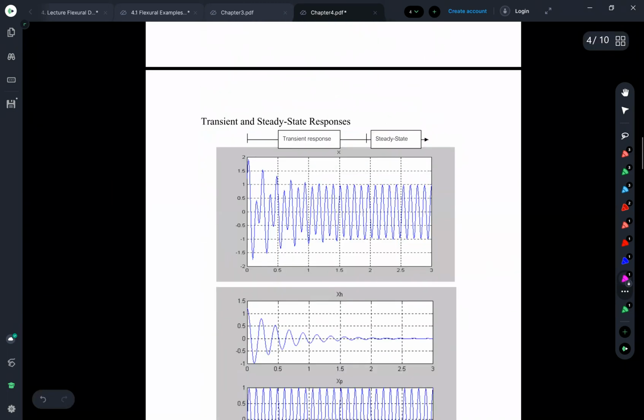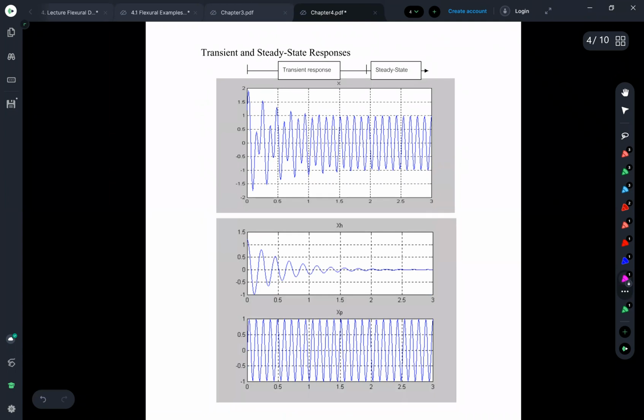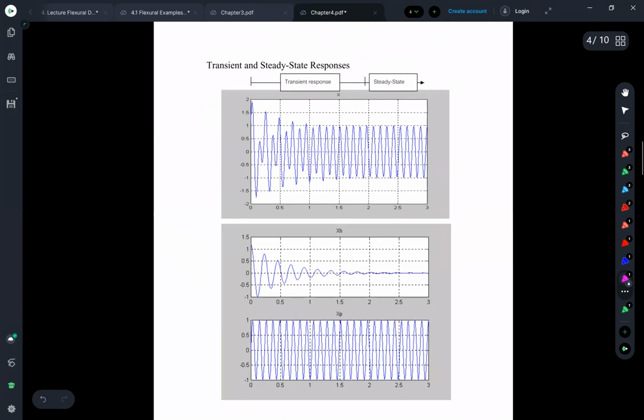So this is a plot of the solutions under one particular initial condition as well as the forcing function.